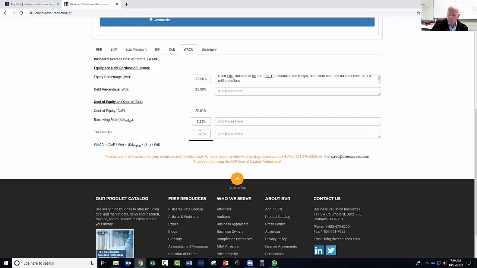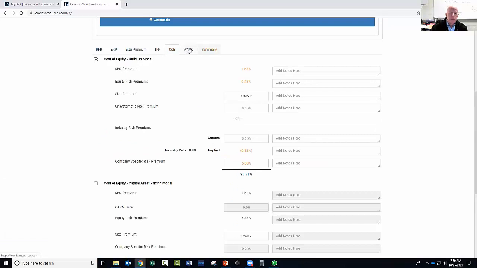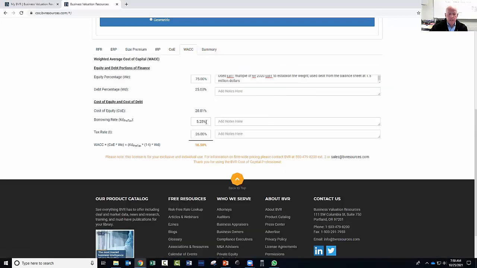And I happen to know that for business tax rates for a year after 2018, we're looking at 21% federal and 5% state. So that's going to give us a 26% tax rate. And if I put those into the WACC equation with my weights, cost of equity, cost of debt, and tax rate, I know that I've got a discount rate, or WACC, of 16.58%.